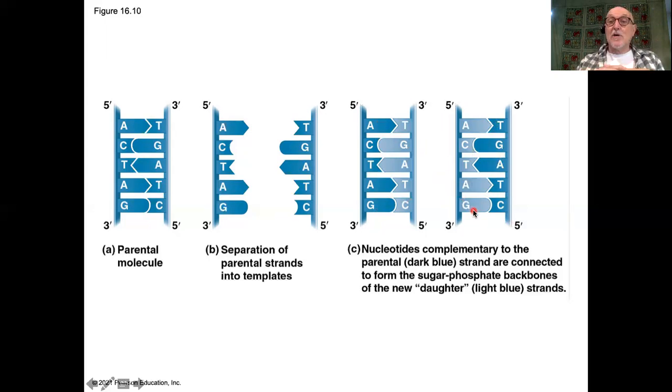And this is termed semi-conservative. It's semi-conservative replication because we end up with half of the molecule conserved from the parental and half of it new. These we call the daughter strands. And this, for this purpose, is the parental strand.